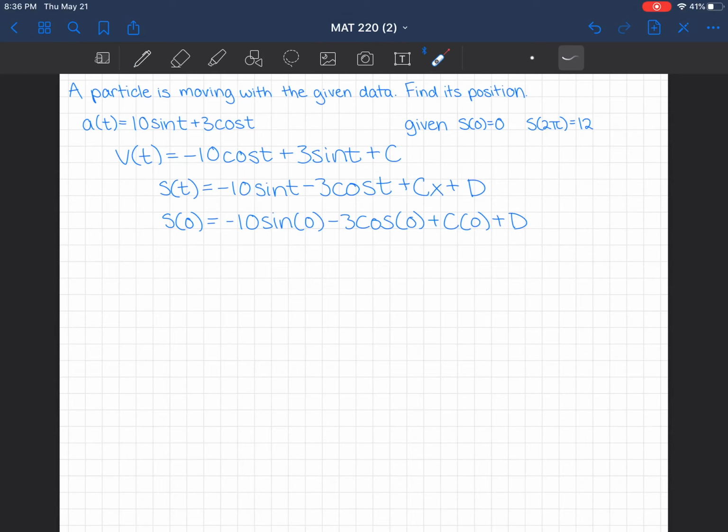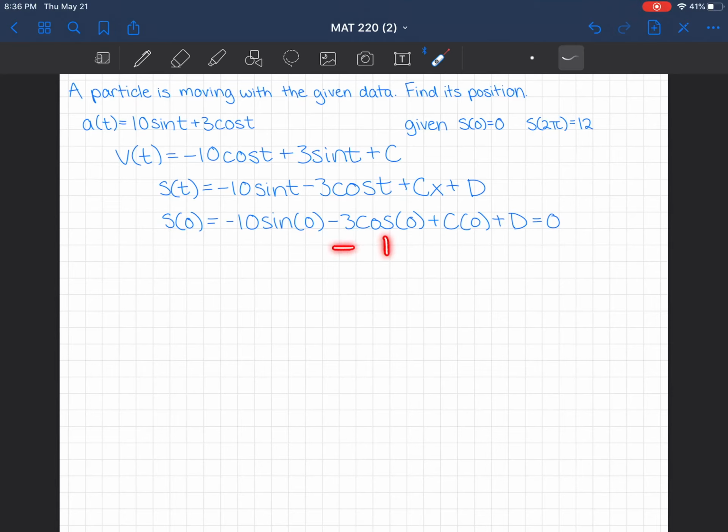Sine of 0 is just going to end up being 0, so this term won't end up counting towards our value here. I do want to go ahead and write out that this is equal to 0. And then cosine of 0 is going to end up being 1.